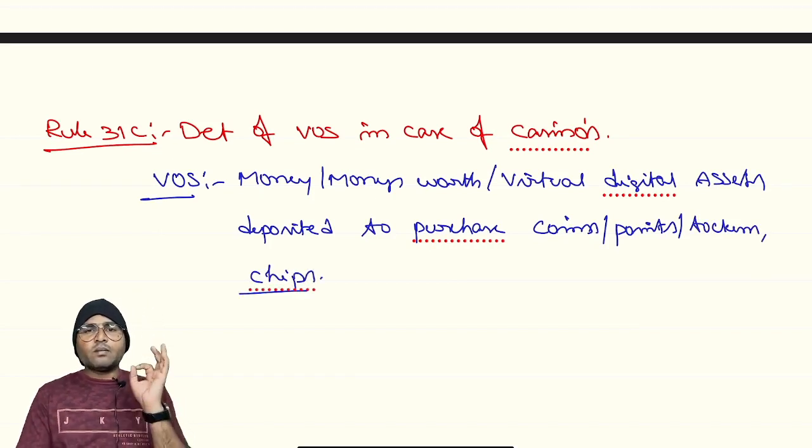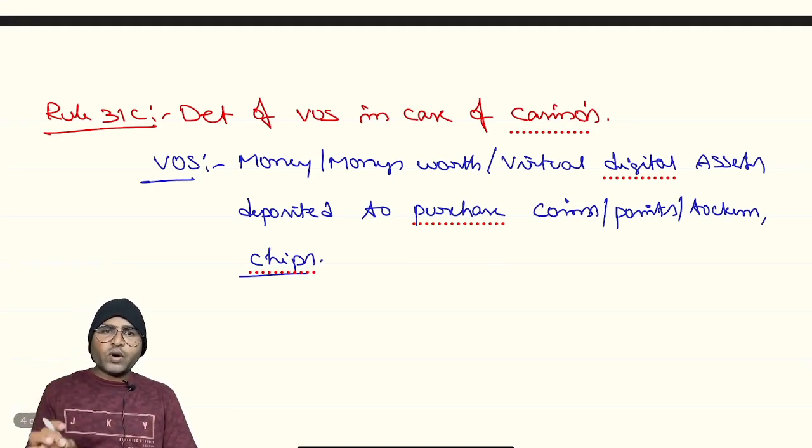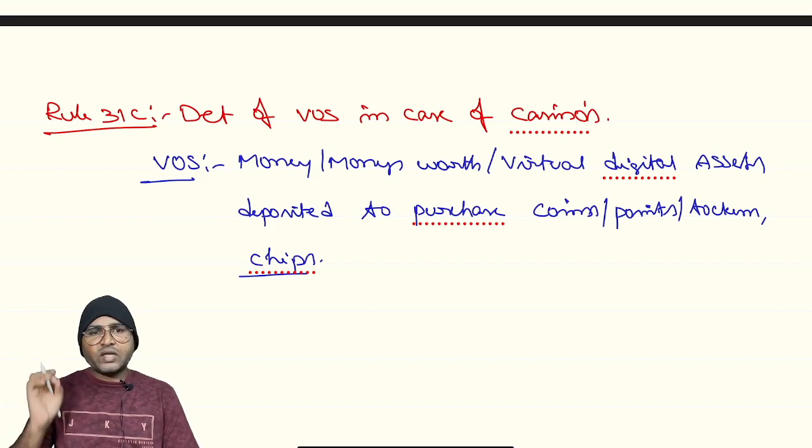So any money or money's worth virtual digital assets deposited to purchase coins, points, tokens or chips, that could be the value of supply.